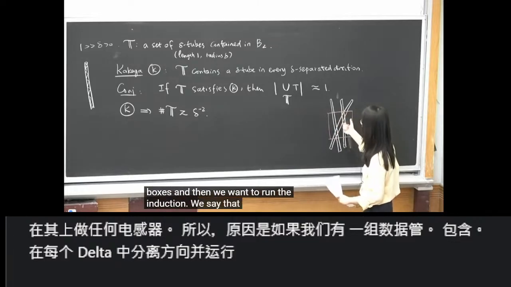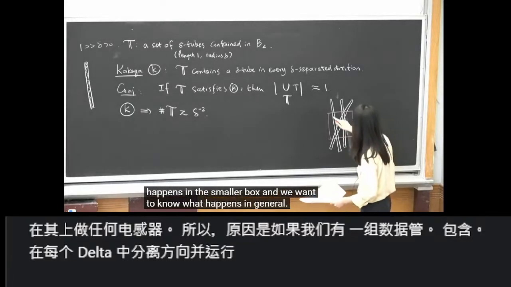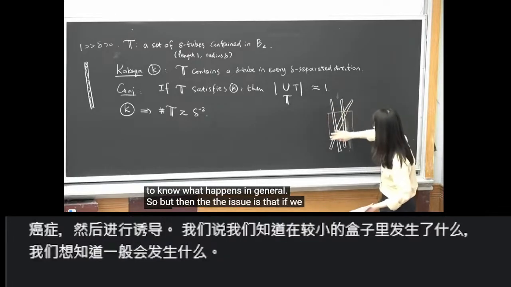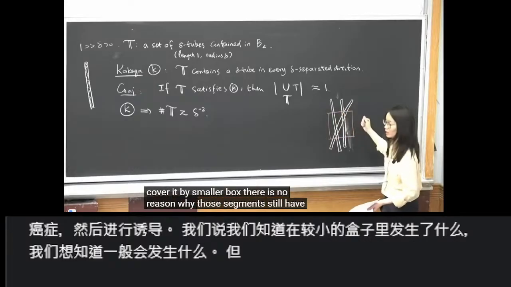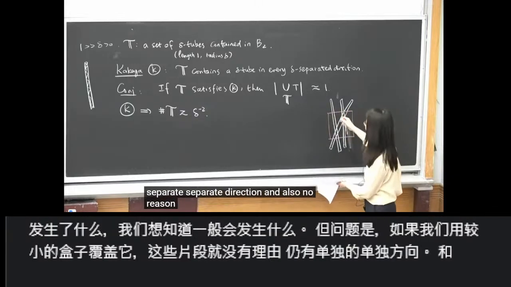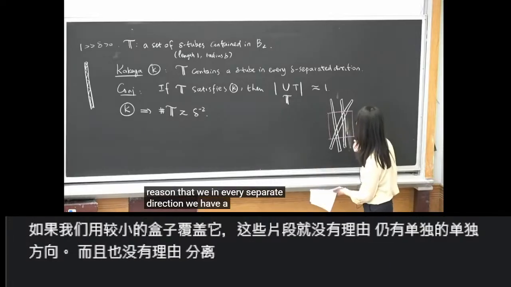We say that we know what happens in the smaller box, and we want to know what happens in general. But then the issue is that if we cover it by some smaller boxes, there is no reason why those segments still have separate directions, and also no reason that in every separate direction we have a tube.